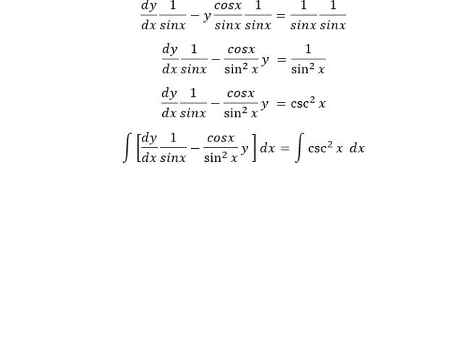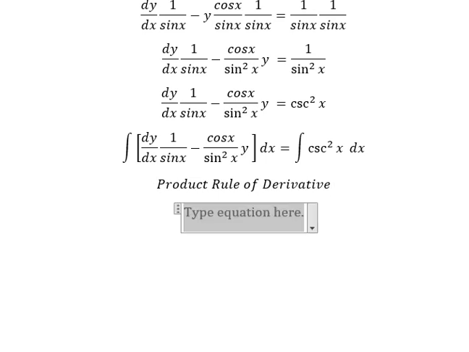Now, we can apply about the product rule of derivative. So, we know that first derivative of y, that is about first derivative of u multiplied by v plus first derivative of v multiplied by u.